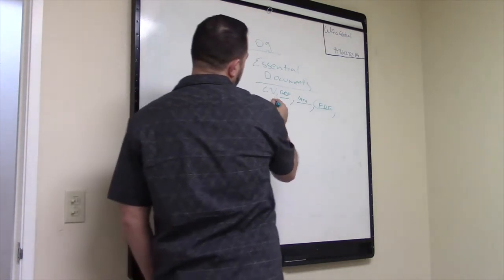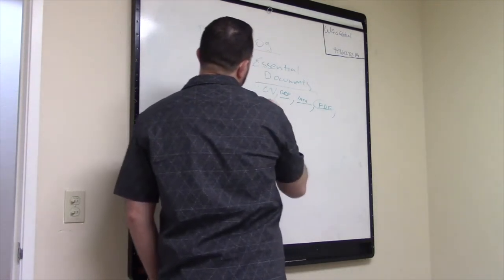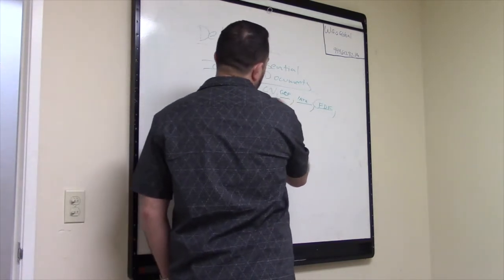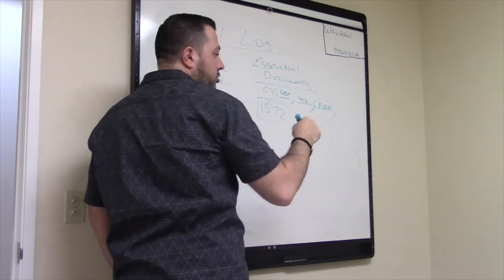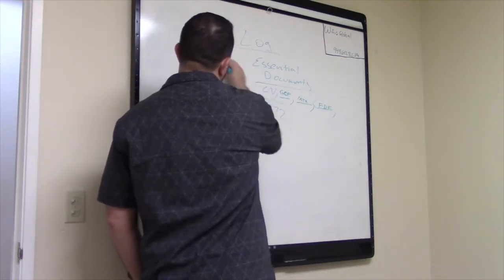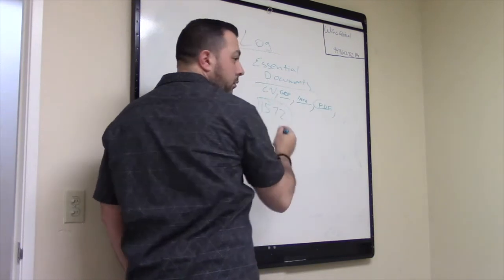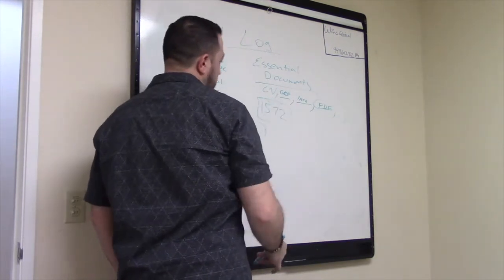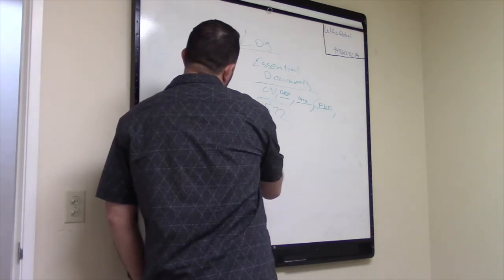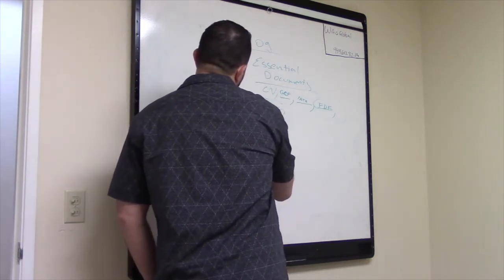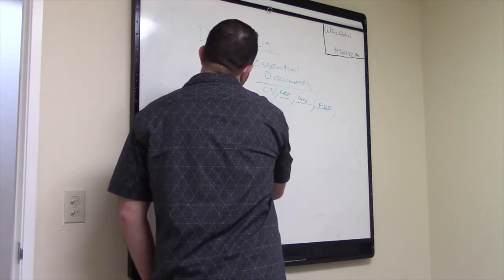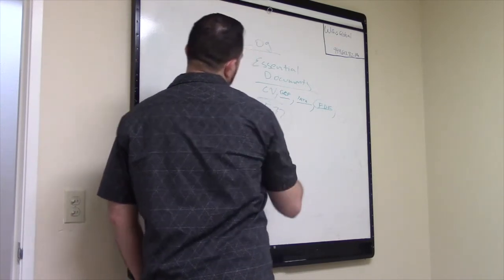Now, the 1572, okay, most important regulatory form in research. It's the PI's promise, signed contract with the FDA. Now, not everyone on the delegation log needs to go on the 1572. Only sub-investigators. So if you have a medical assistant, and a phlebotomist, and a recruiter, and a regulatory person, they don't necessarily have to go on the 1572.